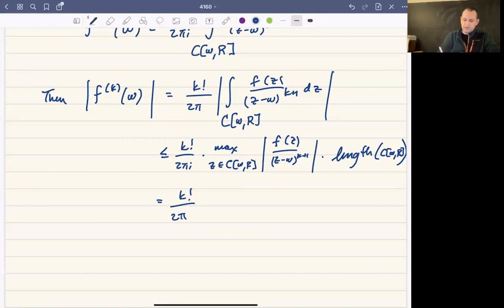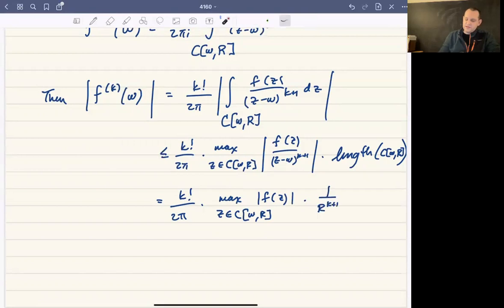So this is going to be, and there shouldn't be an i here because we took the modulus, so that i is gone. This is going to be the maximum value where z is in this circle of the modulus of f of z times 1 over r to the k plus 1, because z minus w is going to have modulus r.